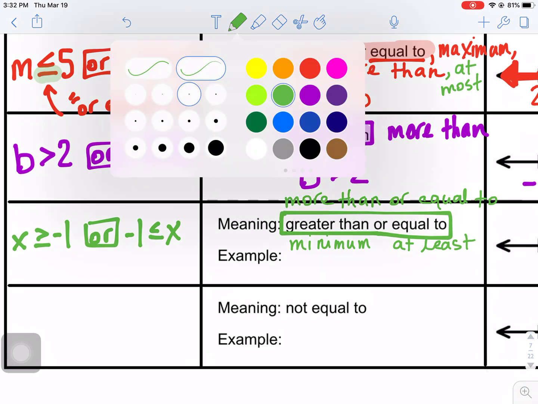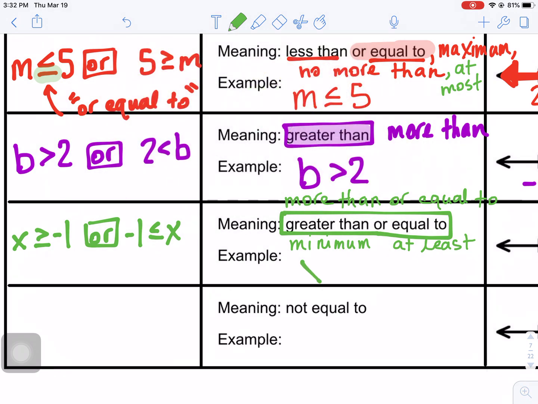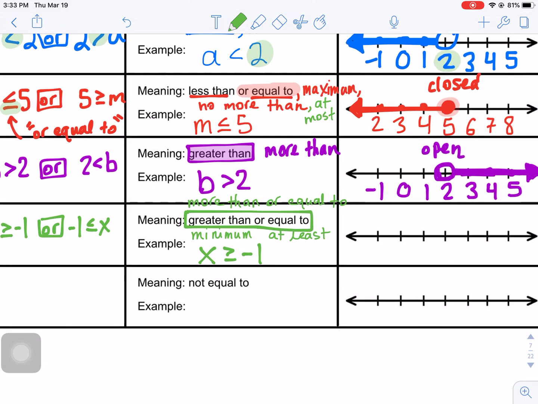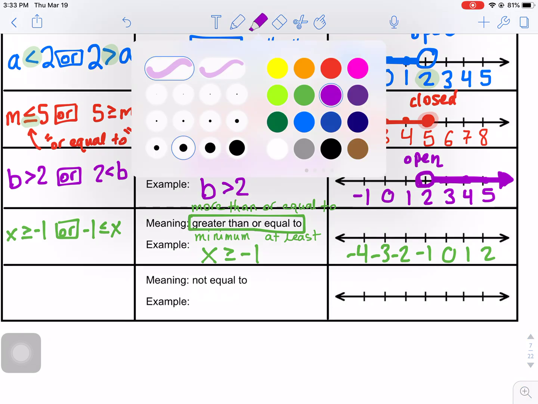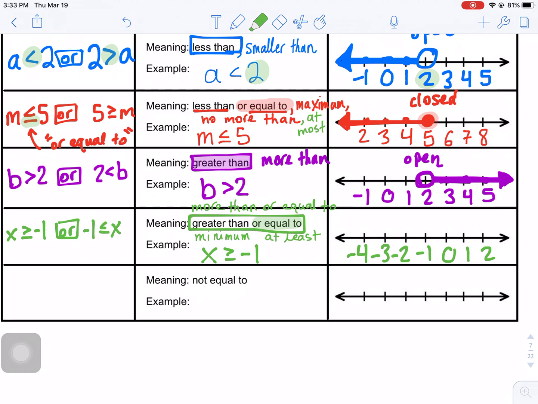So our example is x is greater than or equal to -1. So let's start at -1. After -1 is 0, 1, 2. And before -1 is -2, -3, and -4. We are including -1 because it says or equal to.